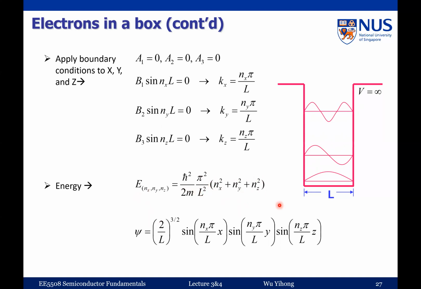In this case, the wave function becomes like this, which is normalized. If you sketch it out, this is what you have. This is just in one direction, and of course you can sketch the other directions as well. But we don't have dispersion in this case because the electron cannot move. That's why you don't have dispersion.